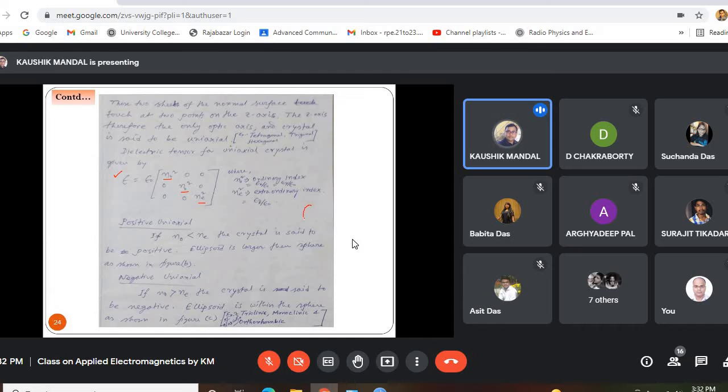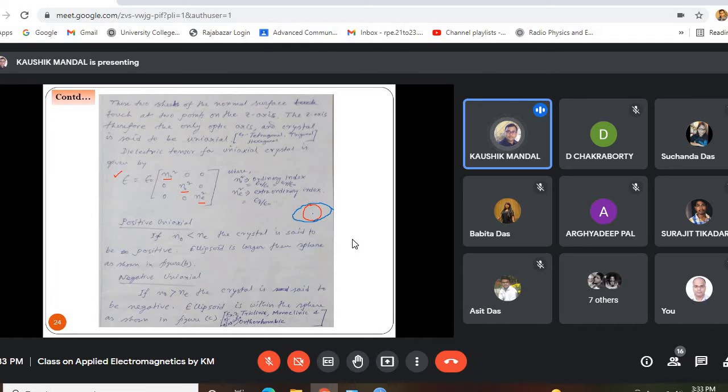See, this is your sphere, and there will be one optical axis. Another shell will be an ellipse.